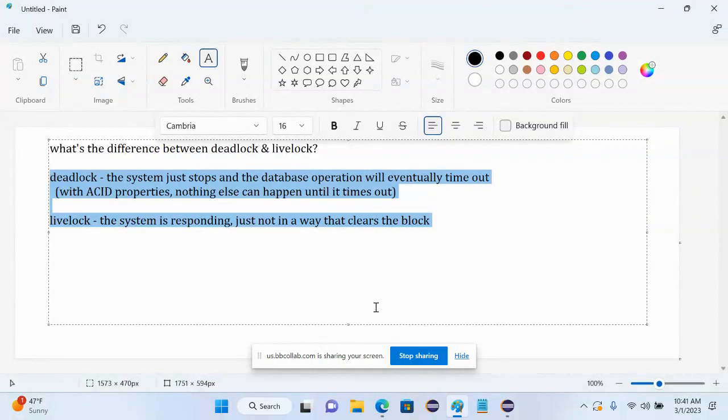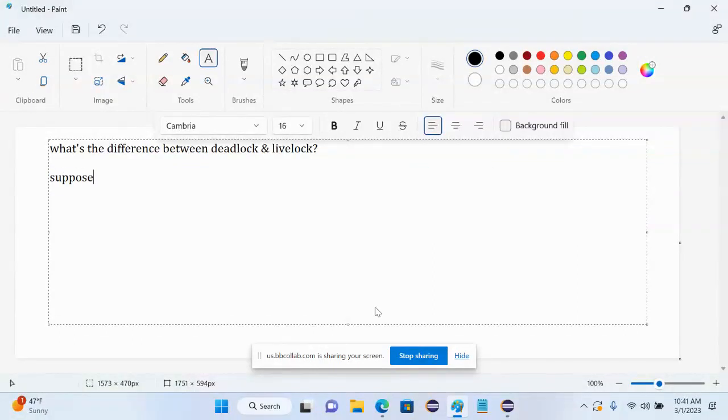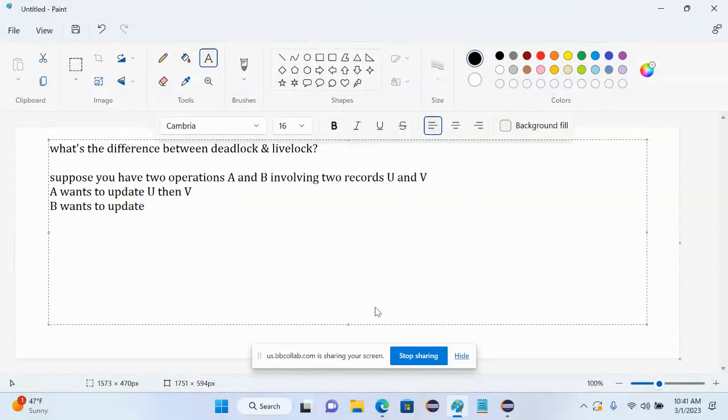So I'll do it for deadlock, right? Suppose you have two operations, A and B, involving two records, U and V, right? A wants to update U, then V, and B wants to update V, then U, okay?